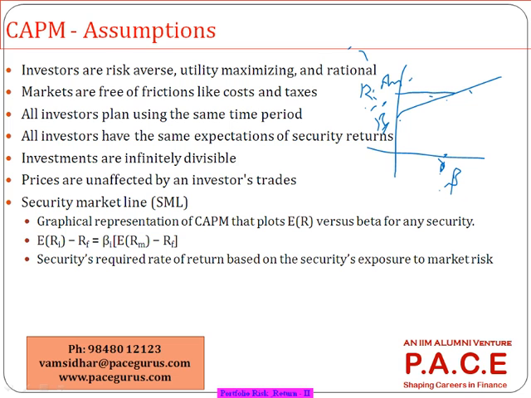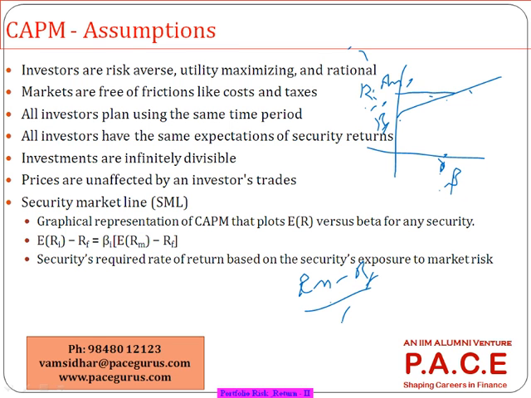Now what is the slope of this line? RM minus RF. The y-axis difference is RM minus RF by 1, because beta is 1. The gap on the x-axis between 0 and 1 is 1.